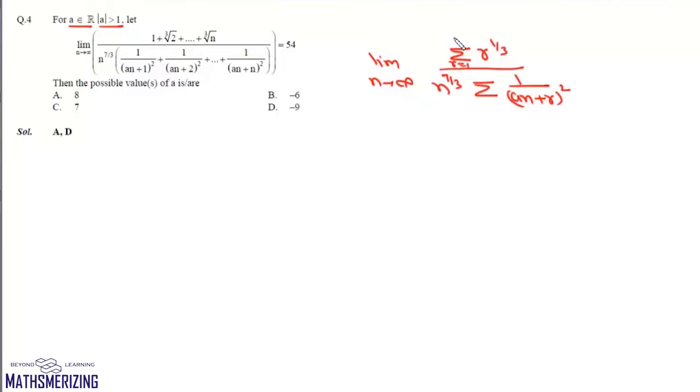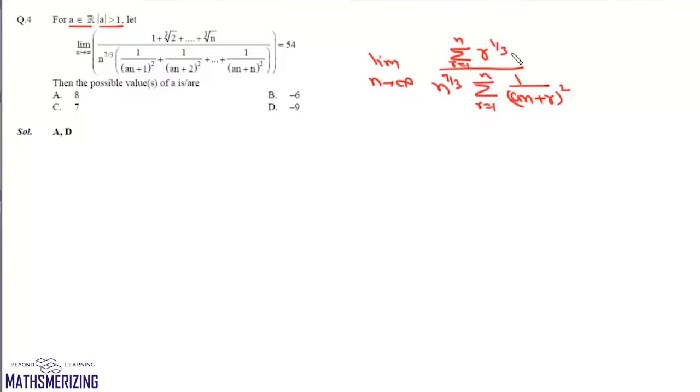Now here the question is, for a belongs to R and mod a greater than 1, we need to solve this limit. Now we'll write this limit as limit n tends to infinite, this summation r to the power 1 by 3 upon n to the power 7 by 3, this summation 1 upon (a n plus r) whole square, where the value of r varies from 1 to n.